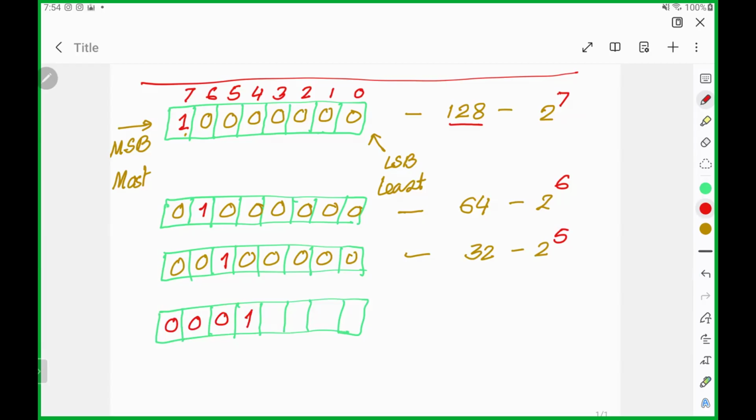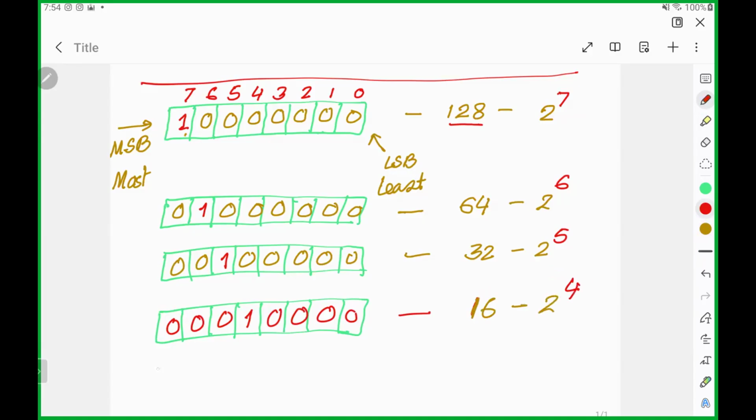Sorry, we will change to different colors. So this one will become 0. This one will become 0. And that means this will become equal to 16. So we'll use this color, 16, and this will be 2 to the power 4.